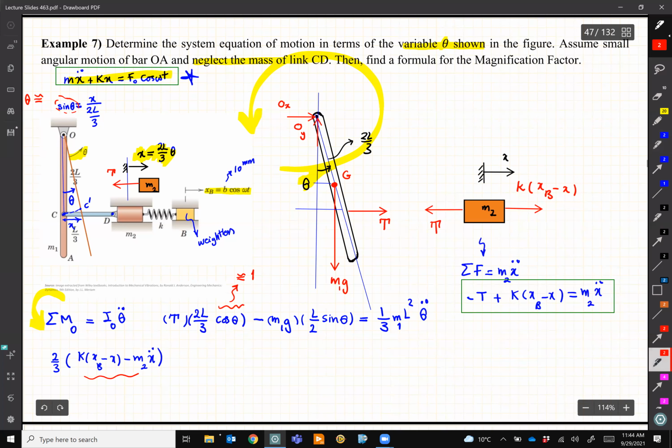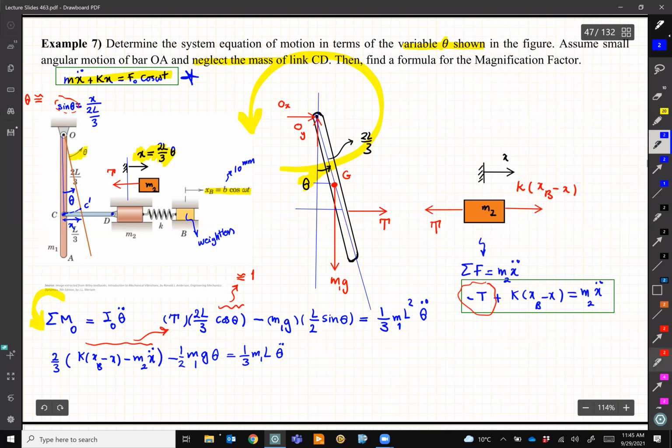So this is T. I found T from this equation. I substitute T. I just wanted to get rid of that T. And minus M1 G theta, half of it, is equal to 1 over 3 M1 L theta double dot.